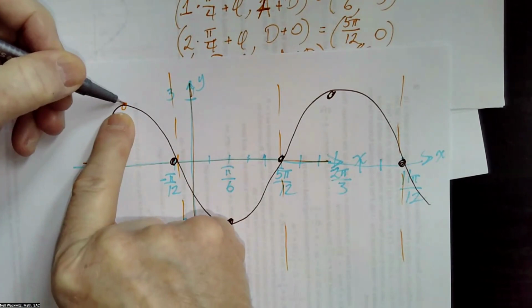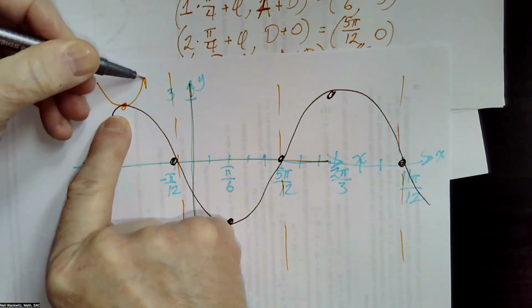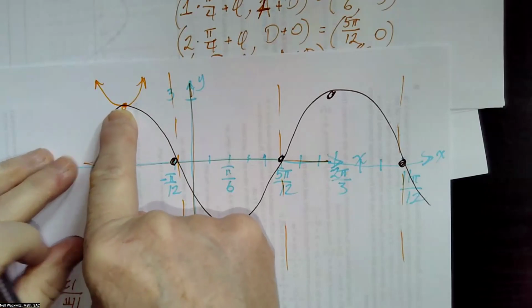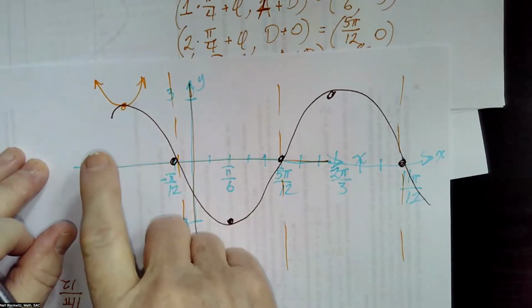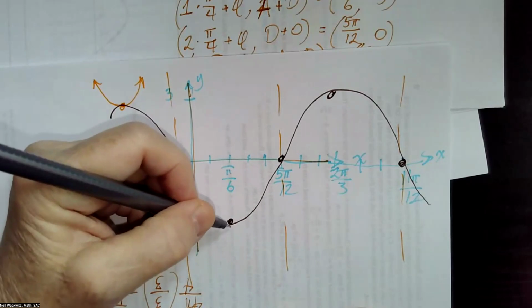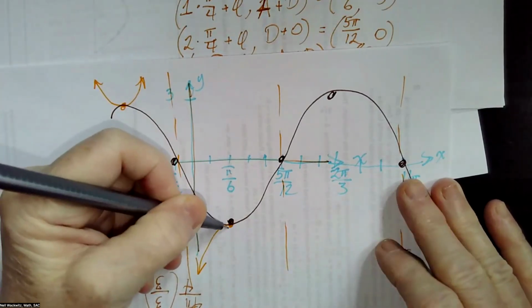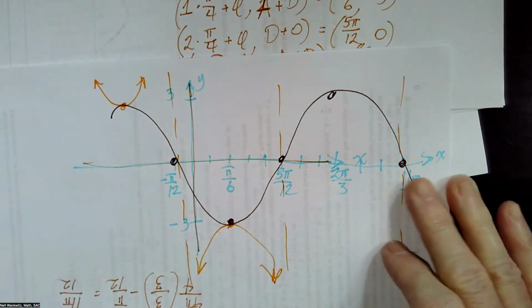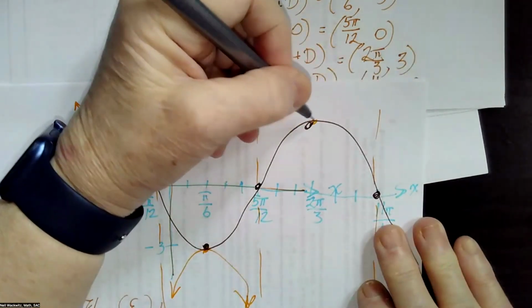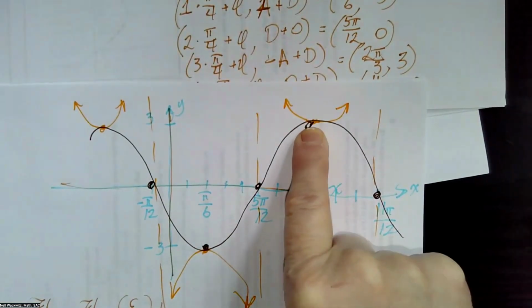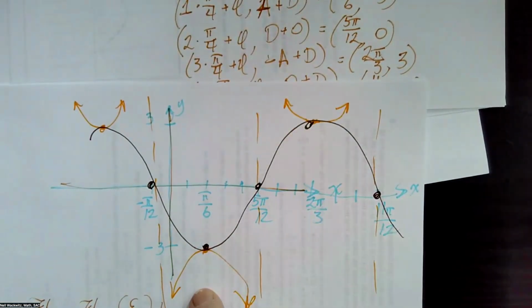Every place that sine has a max, we have a shared point at the max, and cosecant goes up. Every time that sine has a min, we have a shared point with cosecant, and cosecant goes down. So cosecant goes up from a max and down from a min, and that's it. We're done.